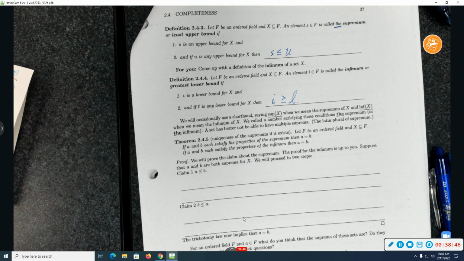So, how can we put these two things together? So let's see, if I know that A is an upper bound and B is less than or equal to absolutely every upper bound, what's something you could deduce out of that? So if A is an upper bound, B is less than or equal to every upper bound, then yeah.